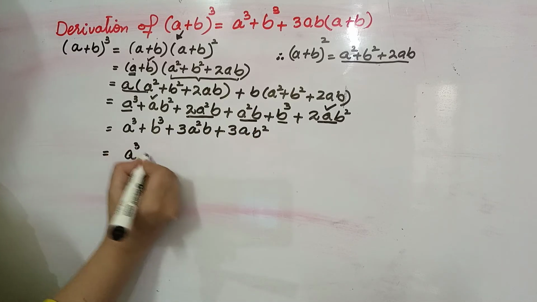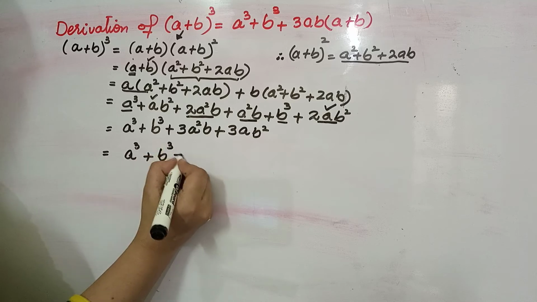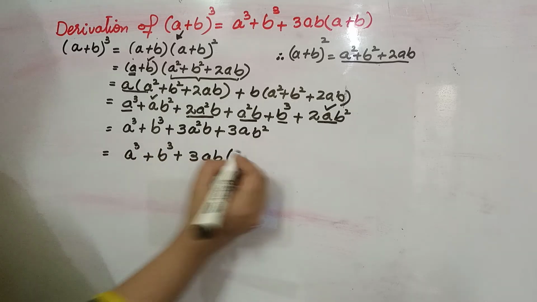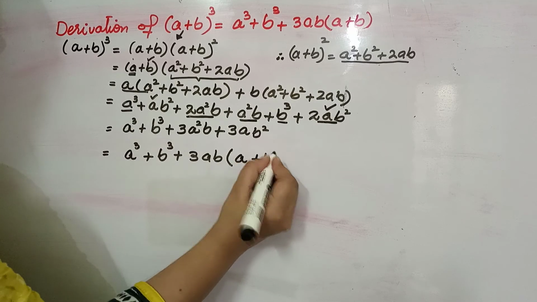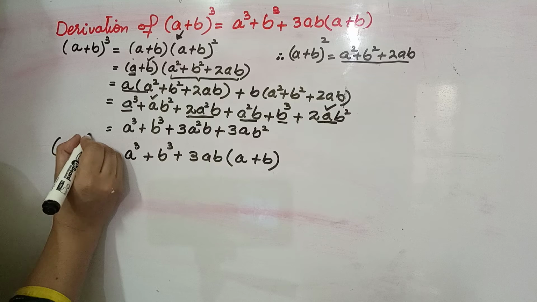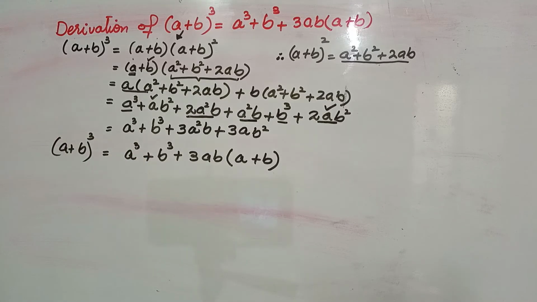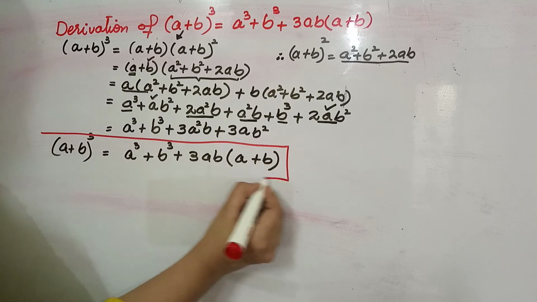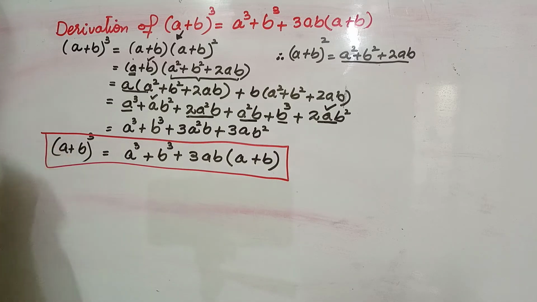Or we can take 3ab as common, and the remaining will be (a+b). And see, we have proved the formula. That is so simple. This one is our requirement.